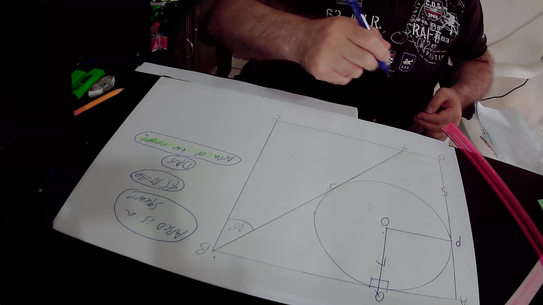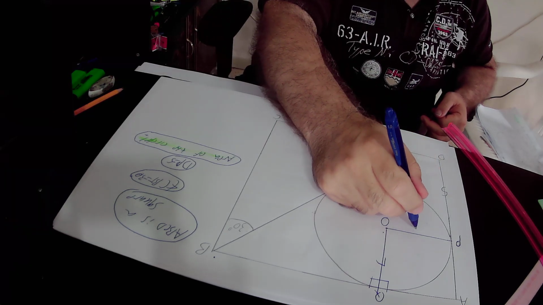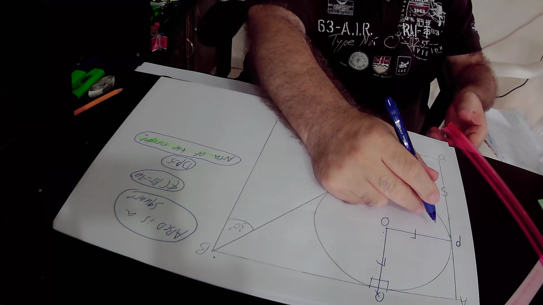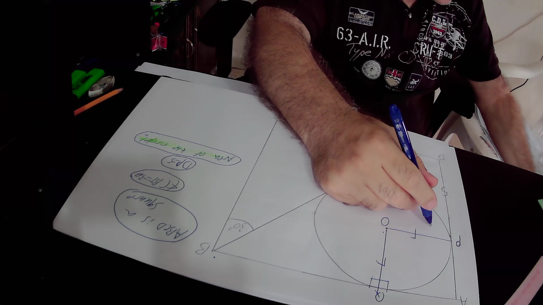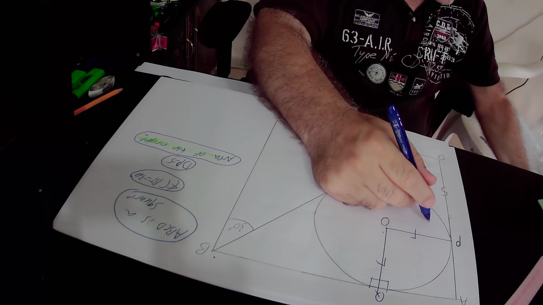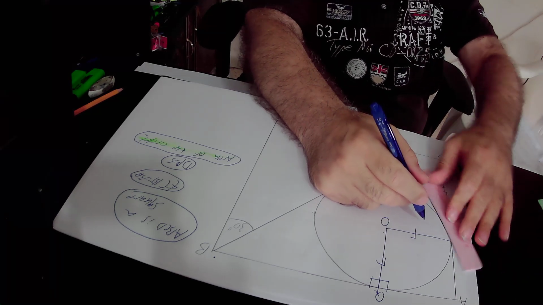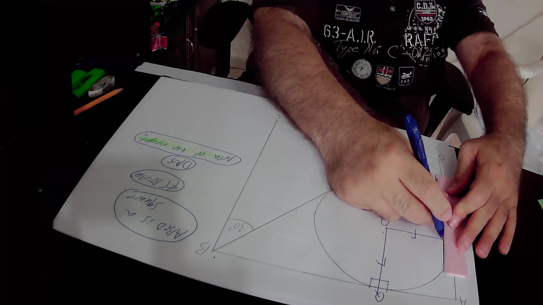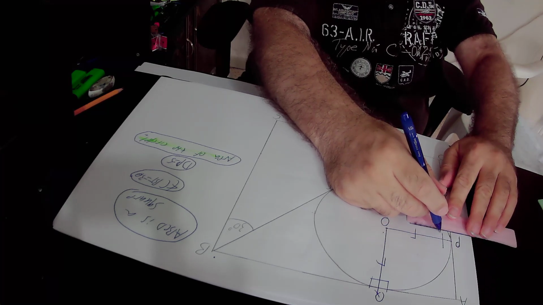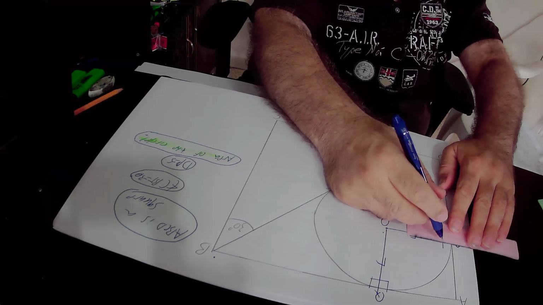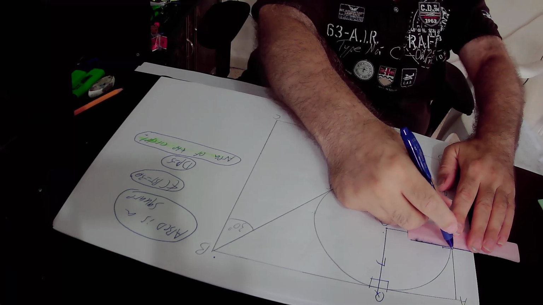Therefore, OP is the radius of the circle that is equal to R. And we have the radius OP drawn to the point of tangency. Therefore, according to rule number 1, this angle will be equal to 90 degrees, and this angle will also be equal to 90 degrees.